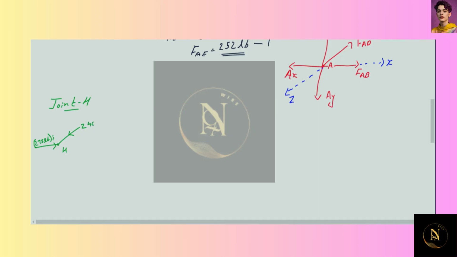There will be 240 lb, and this is around K component, and this will be FHG, this will be FHD, and this one here will be FHE.